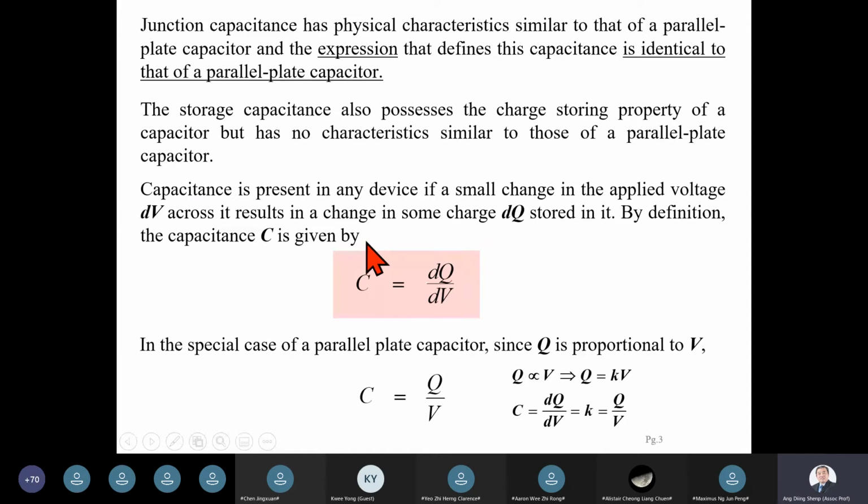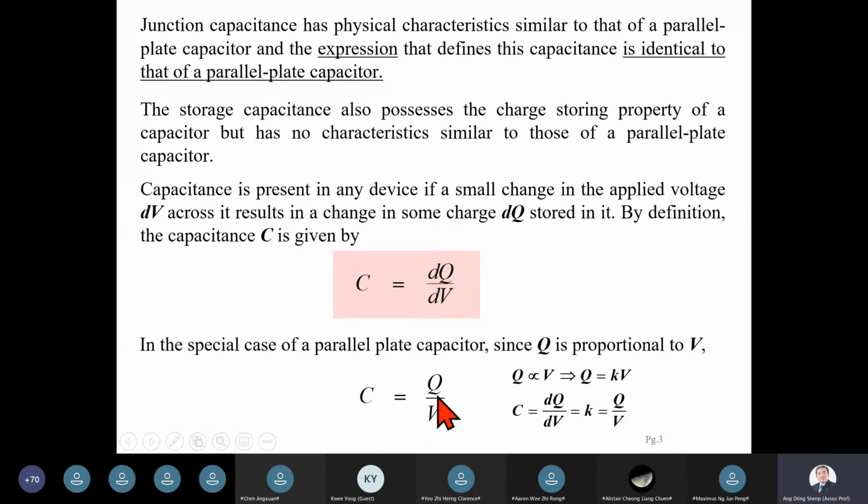Now, as I told you earlier, capacitive effect is present in any device, not only a semiconductor device, if a small change in the applied voltage across the device results in a change in some charge stored. So the definition of capacitance is actually dQ over dV.